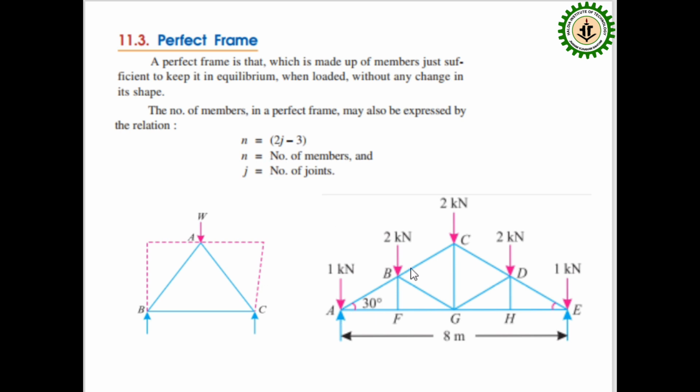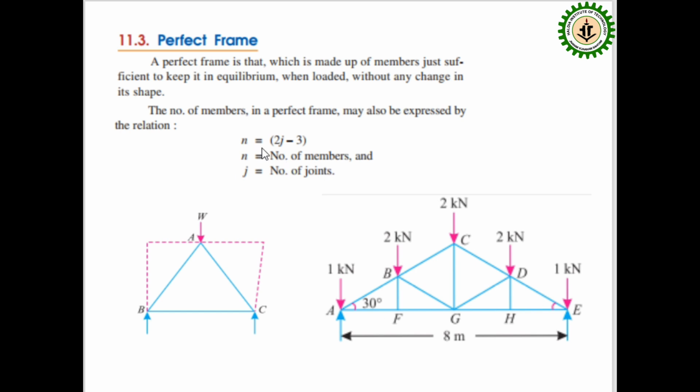So if we consider this is a frame structure or a 2D frame, n must be 2j minus 3. If n is the number of members, here we count 1, 2, 3, 4, 5, 6, 7, 8, 9, 10, 11, 12, 13. 13 members are there.